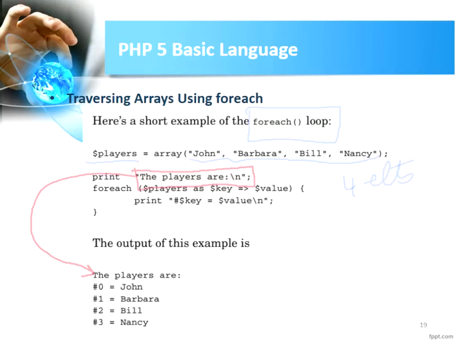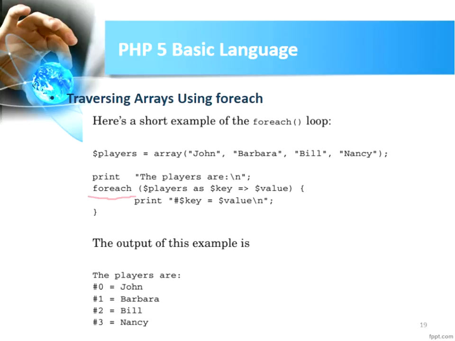Here I will write print the players are. This sentence will be displayed in the first position. After that, foreach $players as $key => $value, print $key equal $value.